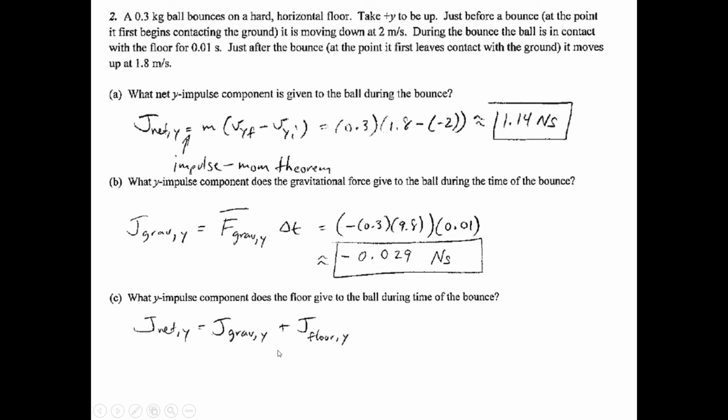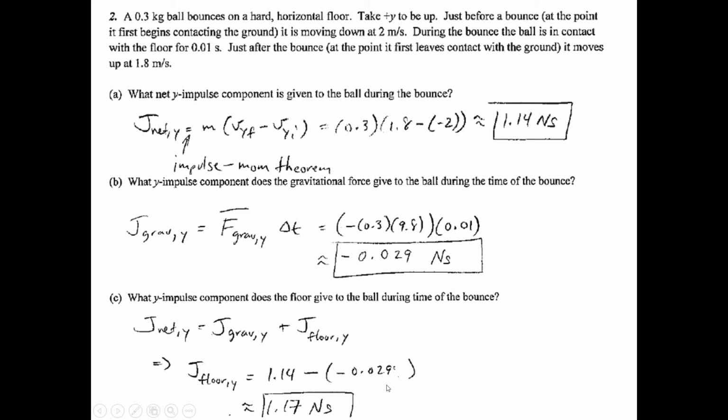We'd have to do one of those areas under the curve kind of things. But we already know the net impulse y component, and we know the gravitational impulse, that was the part B answer. The net is nothing but the gravitational impulse y component plus the floor impulse y component. We know these two, so we can solve for the third by subtraction.